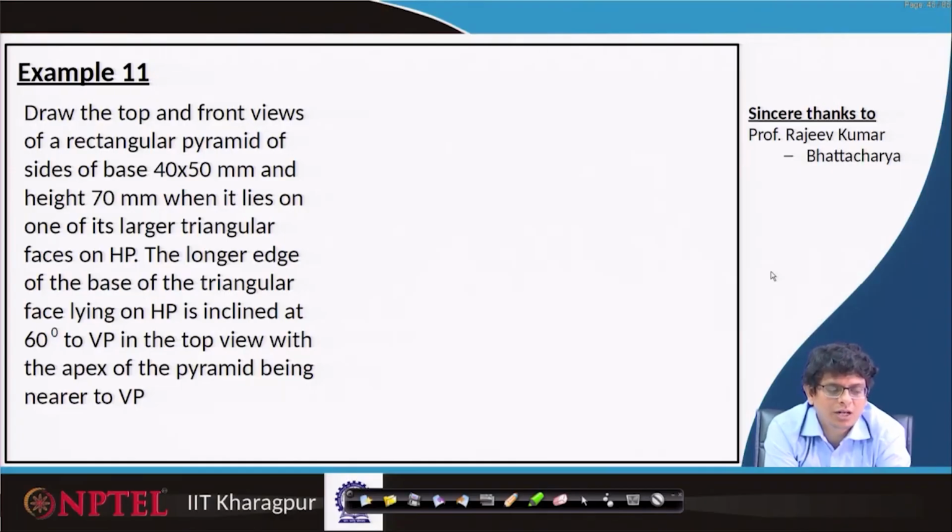When it lies on one of its larger triangular faces on the horizontal plane, because it is a pyramid, we always have this apex vertex and the base might be rectangular. When you connect this base all the way to the vertex, we will see triangular faces, and the larger triangular face is on the horizontal plane.